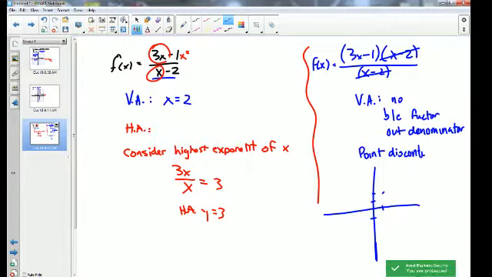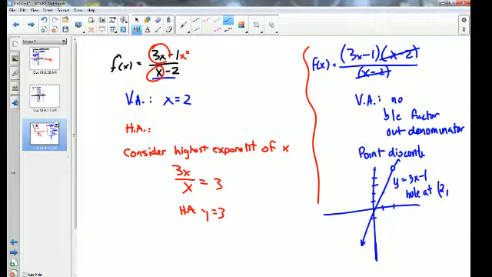It is a linear graph, and then we're at x equals 2, with a hole at x equals 2. Okay, so this is y equals 3x minus 1, and there's a hole at 2, 5.